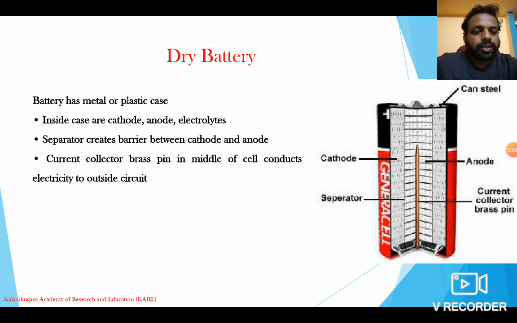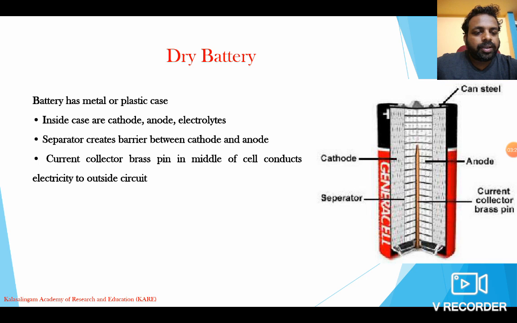In the center of the battery we have two components, anode and cathode. Both electrodes are separated with the help of a separator, which is usually made of plastic. The use of the separator is to avoid physical contact between the two electrodes.